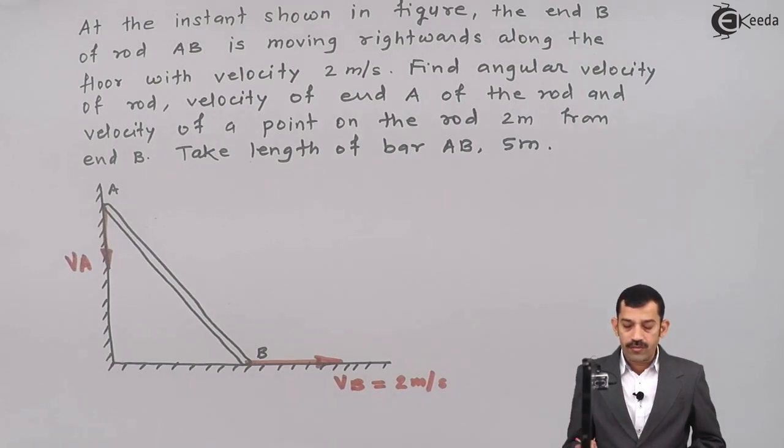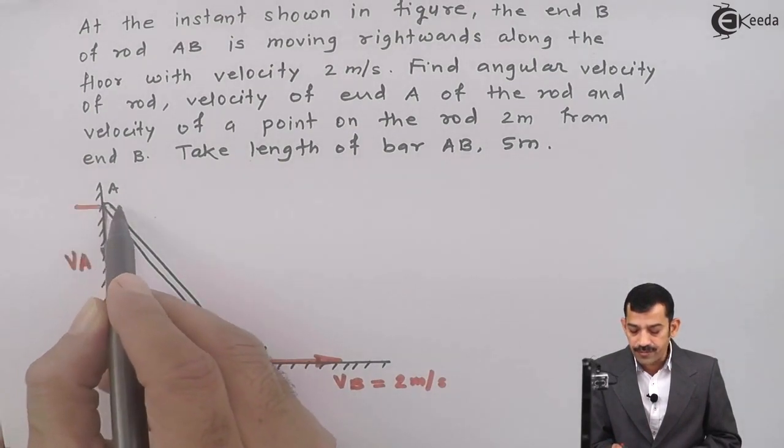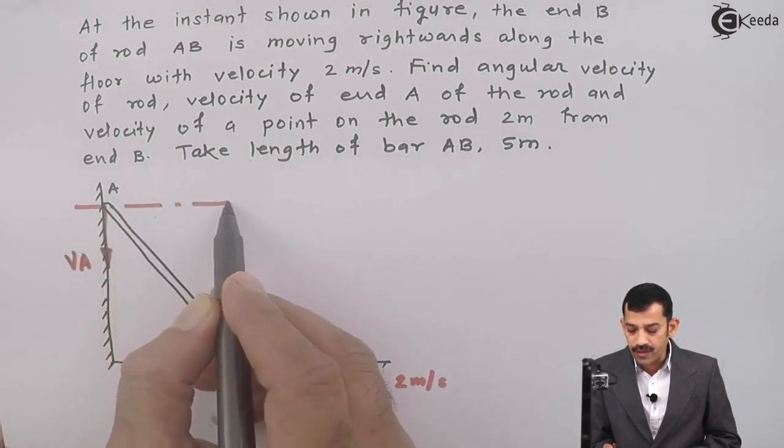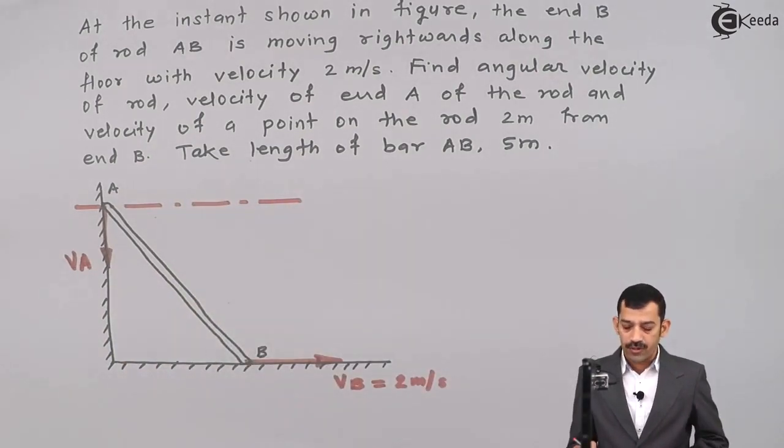Now on a rigid body, you know directions of linear velocities of 2 points. To find the center of rotation, that is ICR, we draw perpendiculars to VA and to VB. Perpendicular to VA, where VA is vertical, we get a horizontal line. And perpendicular to VB, where VB is horizontal, we get a vertical line.